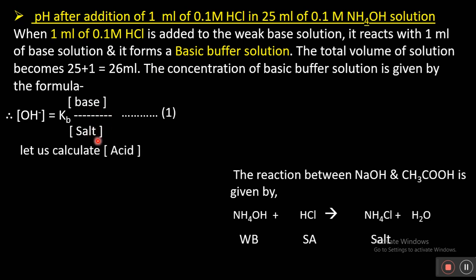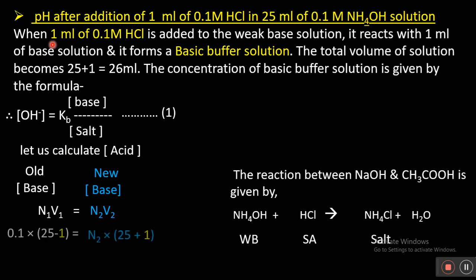Now let us calculate the concentration of the base. Concentration of old base is equal to concentration of the new base, so N1 V1 equals N2 V2. What will be the old base concentration? When you add 1 ml of 0.1 molar HCl solution, this 1 ml will react with 1 ml of base solution, so the total volume remaining will be 25 minus 1.